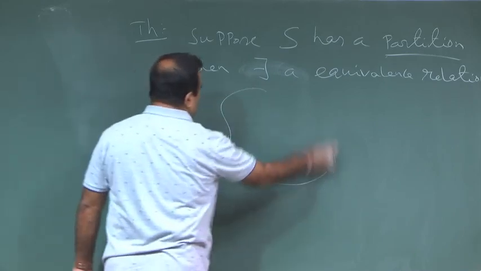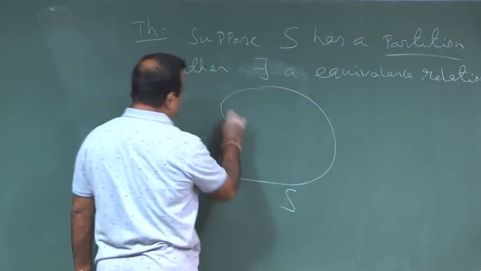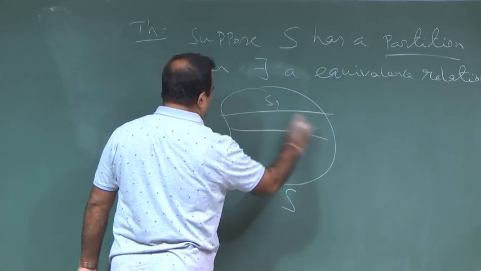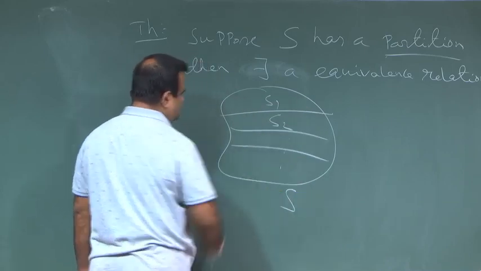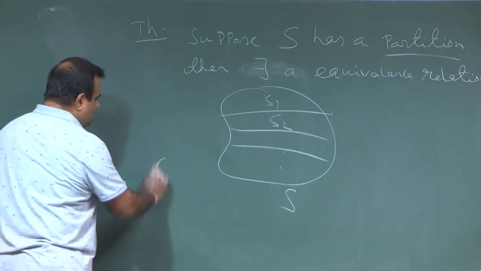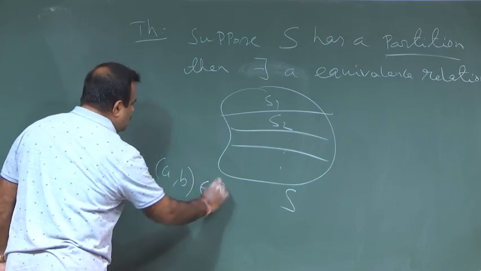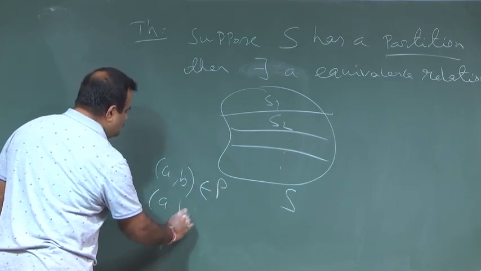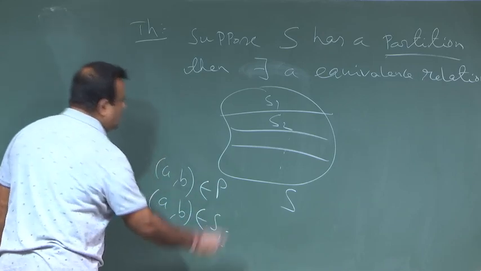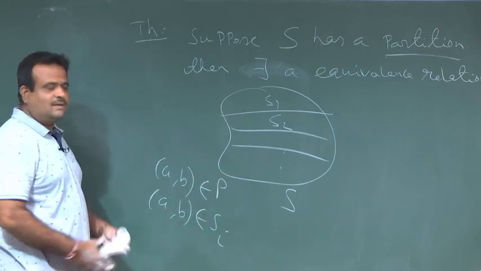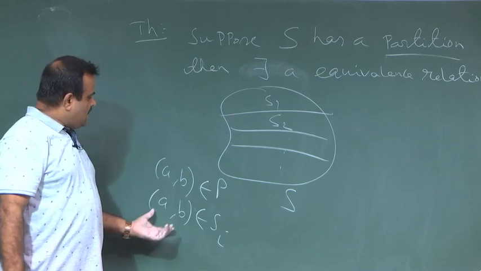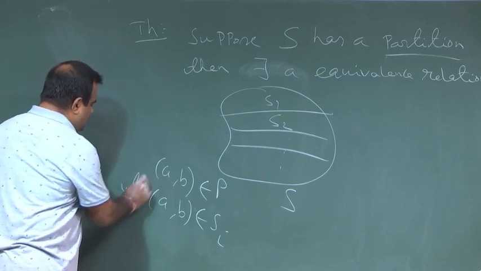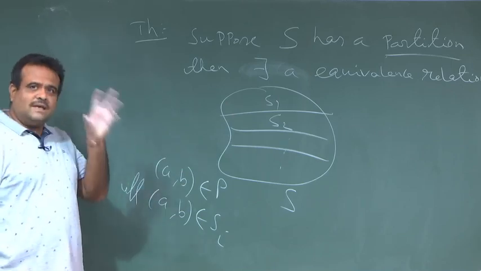So, how to show this? Suppose we have a partition P of S, say S1, S2 like this. We define (a, b) belongs to rho if a and b belong to the same class, the same subset. A partition is made of disjoint subsets. So (a, b) belongs to rho if and only if they are in the same subset.